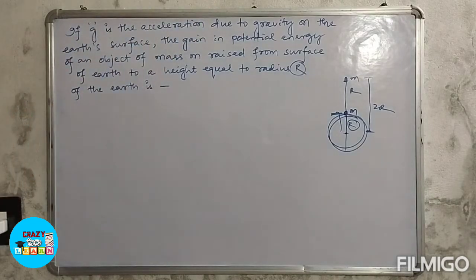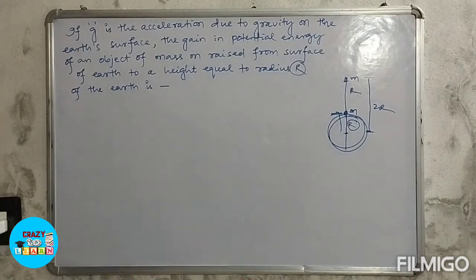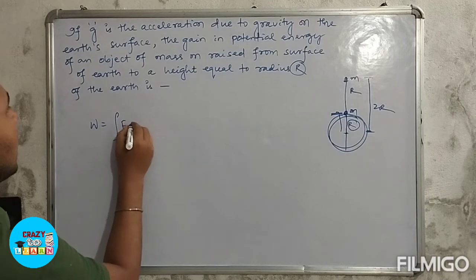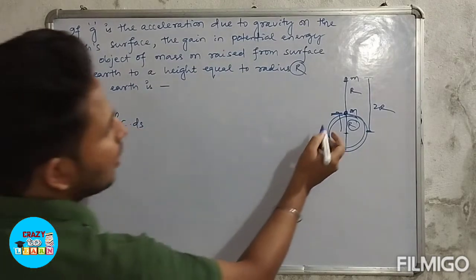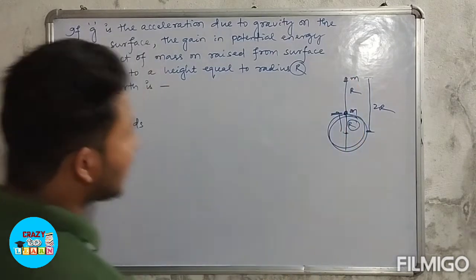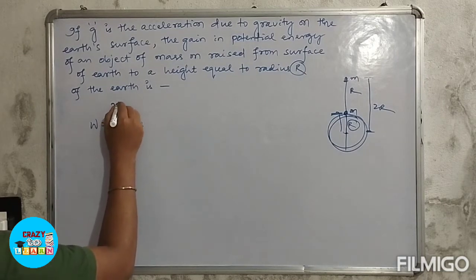So we know when a variable force is acting, the work done W is equal to the integration of F dot ds. And the object is raised from a distance r to a distance of 2r, so we will maintain the limit from r to 2r.